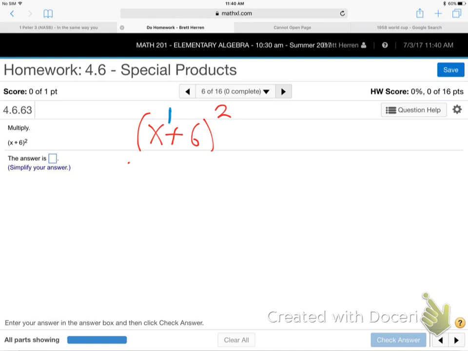There are invisible ones on both those guys. So powers outside parentheses multiply powers inside parentheses. 6 squared, what's 6 squared? 36. So powers outside parentheses multiply powers inside parentheses.